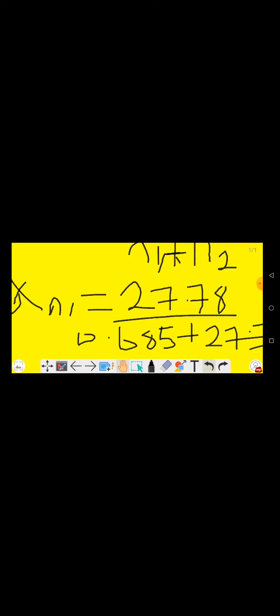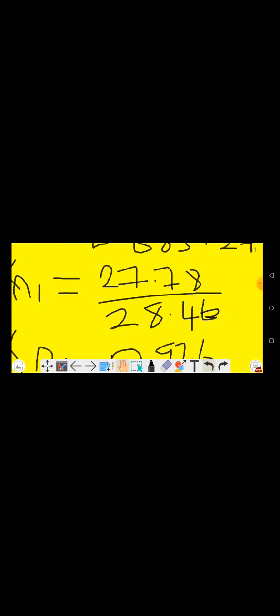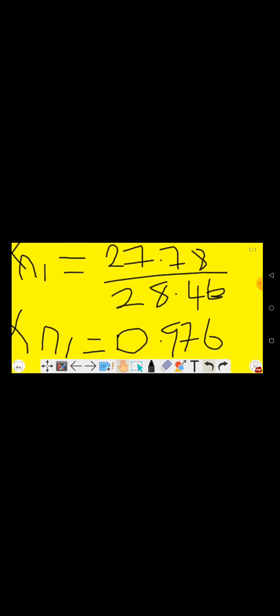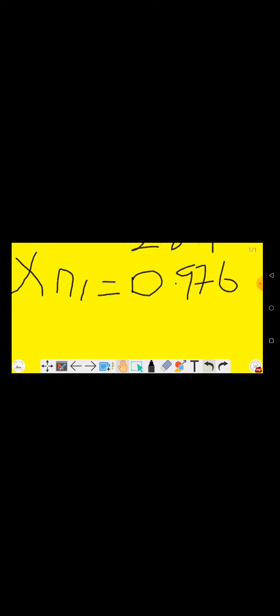When we substitute in our equation, we find that the mole fraction of N1, which is water, by the way, N1 is representing water in this case, is equal to 0.976.